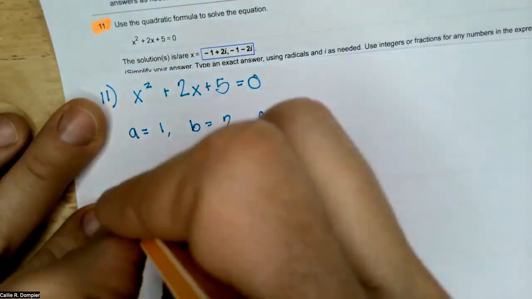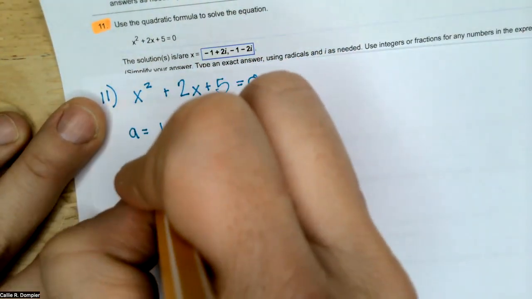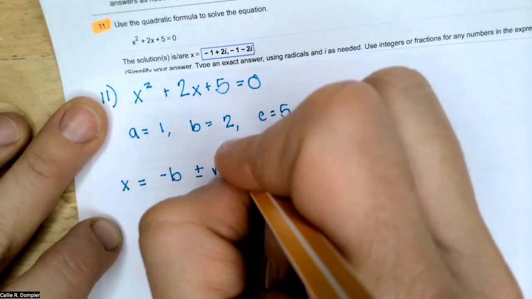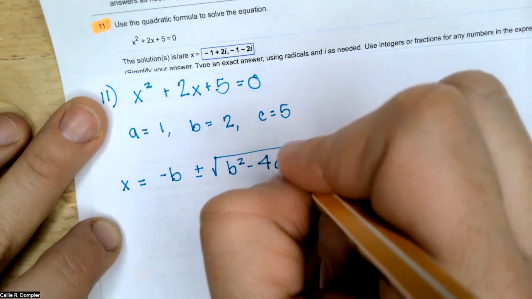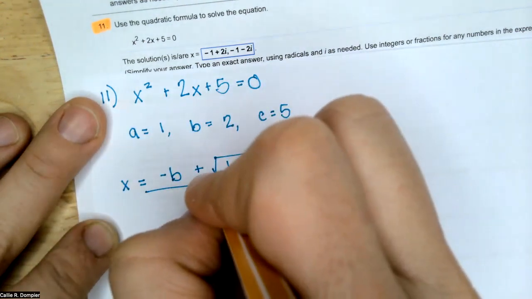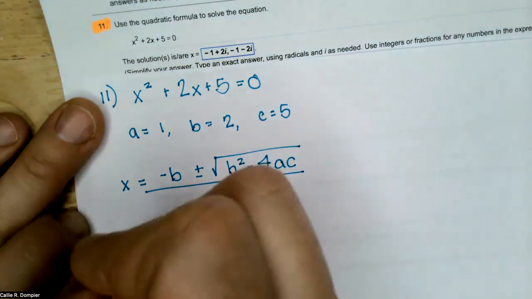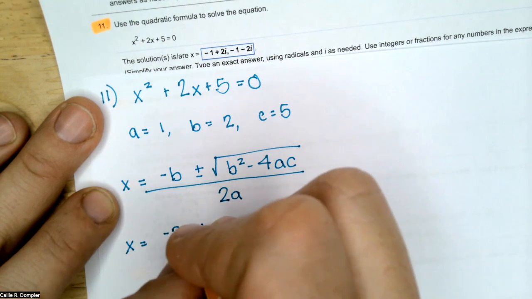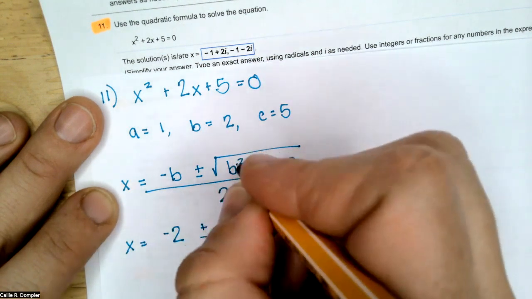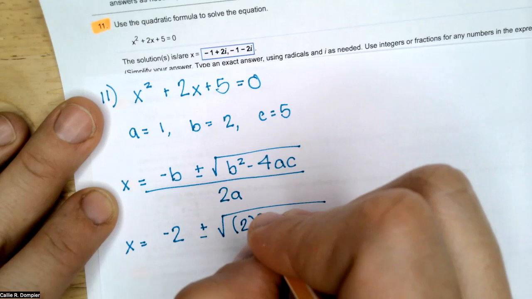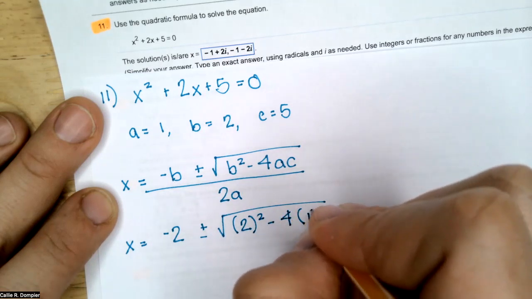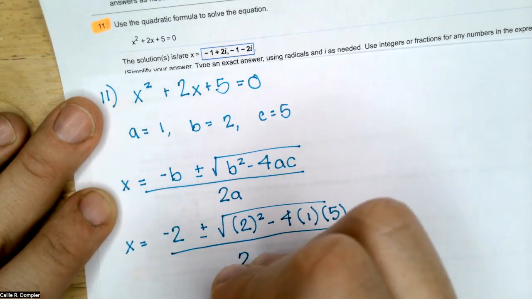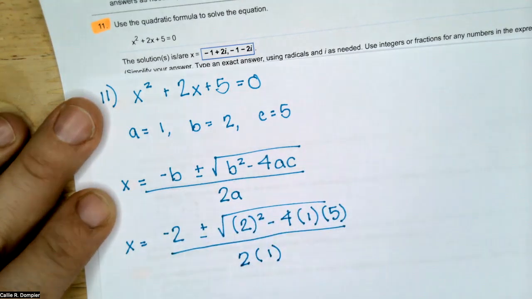So now just carefully enter that into your equation. X equals negative B plus or minus the square root of B squared minus 4 times A times C all over 2 times A. Negative 2 plus or minus the square root of 2 squared minus 4 times 1 times 5 over 2 times 1.